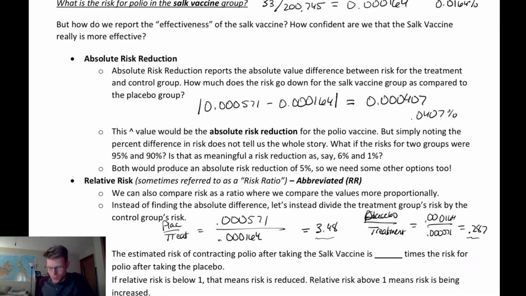So it's the risk of this top group as compared to the risk of the bottom group. In this case, we're typically going to stick with this ordering. Sorry, I can't write anything correctly here. This is supposed to be treatment over control or placebo.